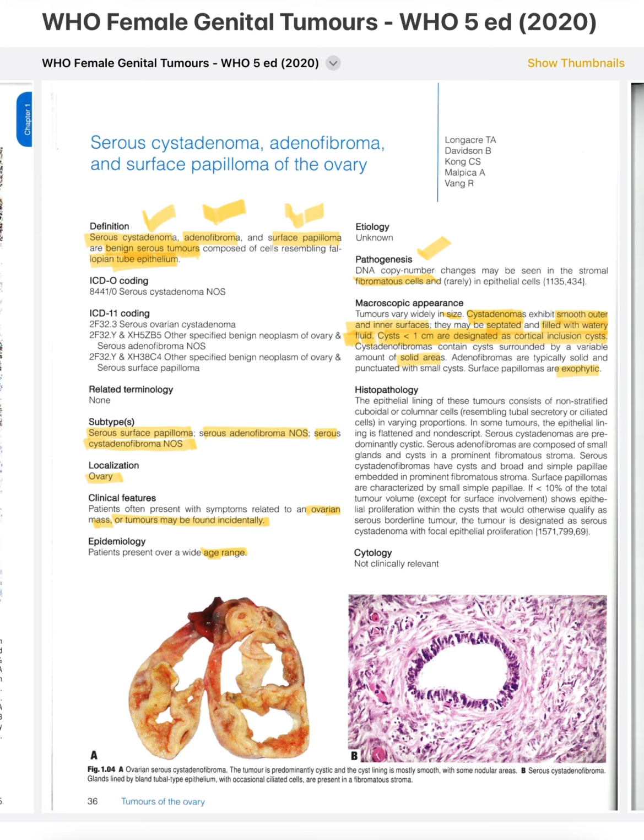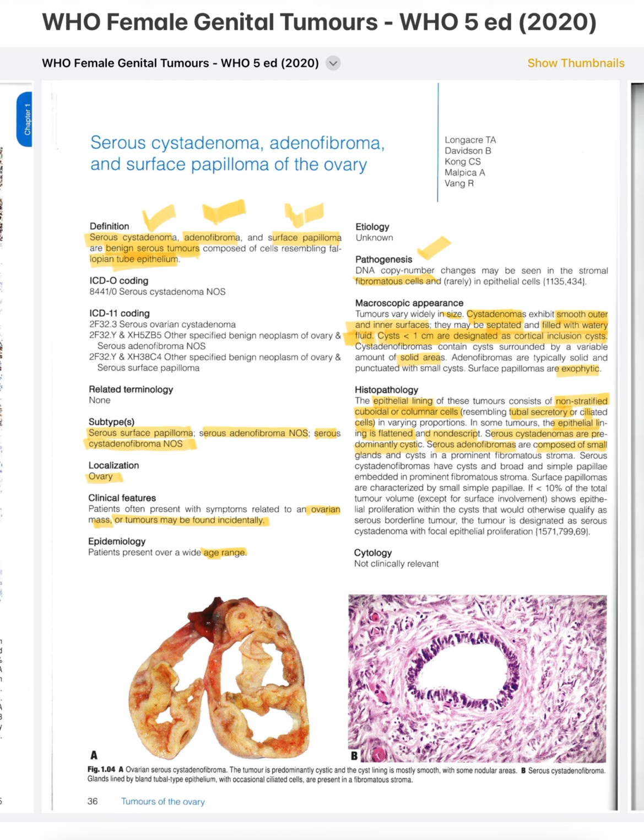If we talk about the histology, then the epithelial lining of this tumor consists of non-stratified cuboidal or columnar cells, which resemble tubal secretory or ciliated cells in varying proportion. In some tumors, the epithelial lining is flattened and nondescript. Serous cyst adenomas are predominantly cystic.